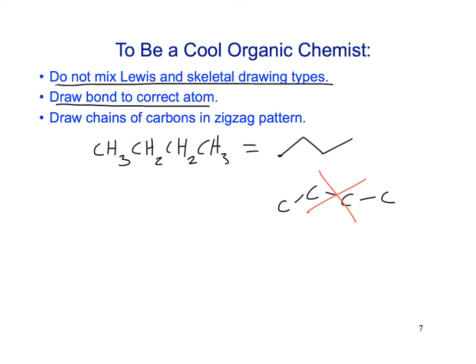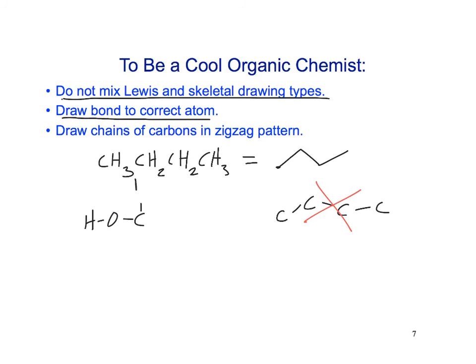All right, so if we have a molecule that's like this, and we're going to draw this in a skeletal structure, then we have the oxygen, we have 2 carbons, and we want to make sure to put the H over on this side.